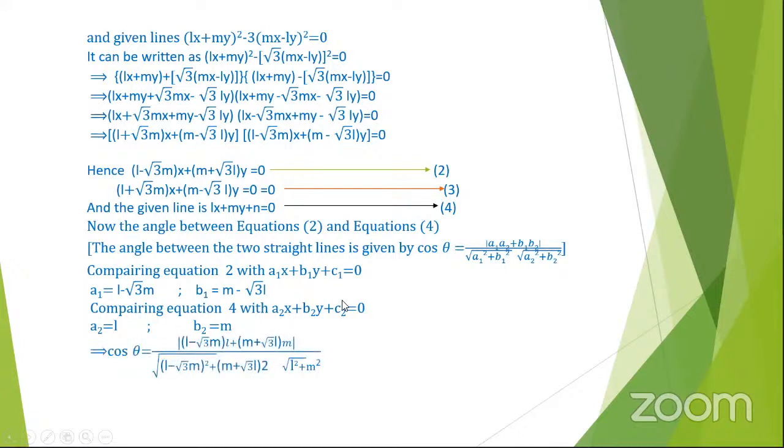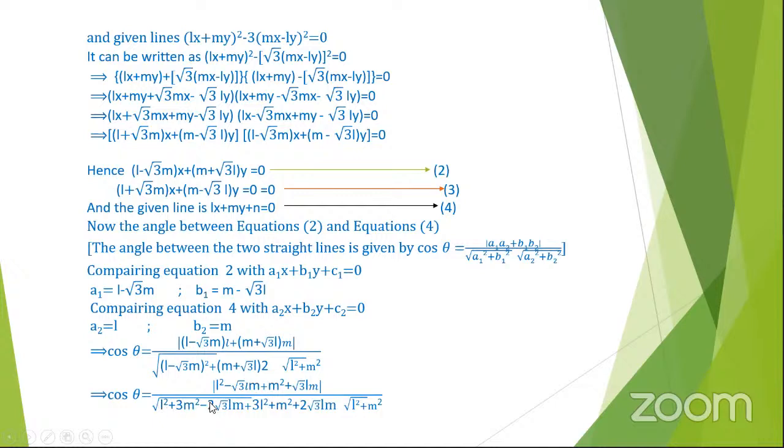Now we are substituting these values in the formula, that is cos theta equals, in place of a1 we have L minus root 3 m, and a2 we have L. In place of b1 we have m minus root 3 L, and b2 is m, by under root of (L minus root 3 m) whole square plus (m minus root 3 L) whole square into under root of L square plus m square.